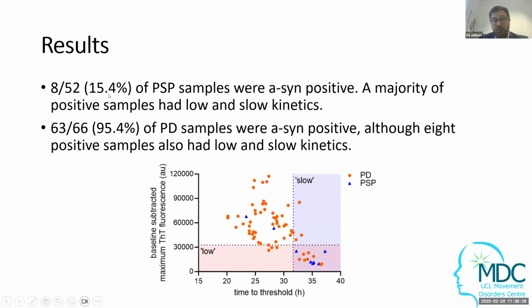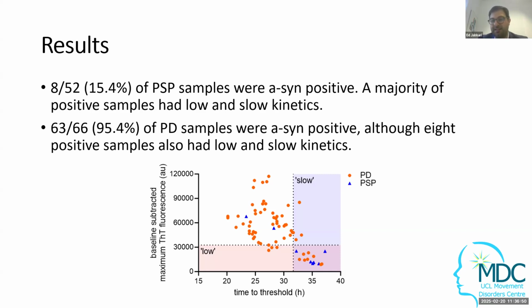And what we found was that 15% of our PSP samples had these low and slow kinetics. And our hypothesis is that this represents those 10 to 20% of PSP patients that I spoke about right at the beginning who have Lewy body co-pathology.